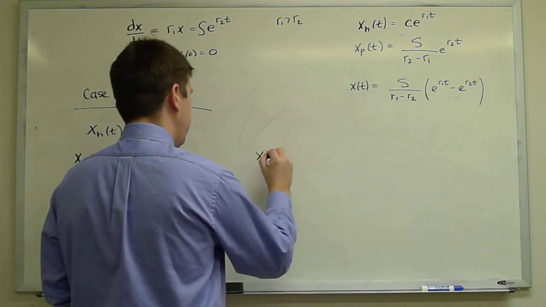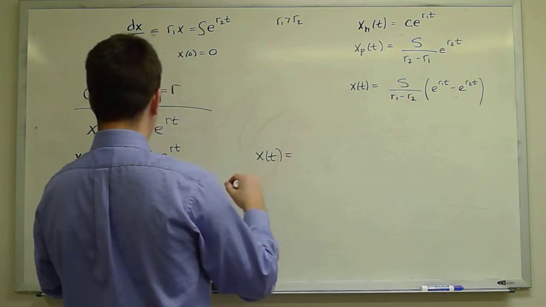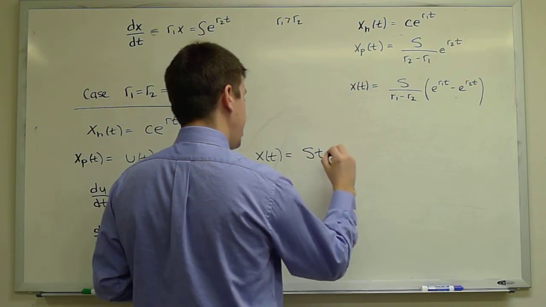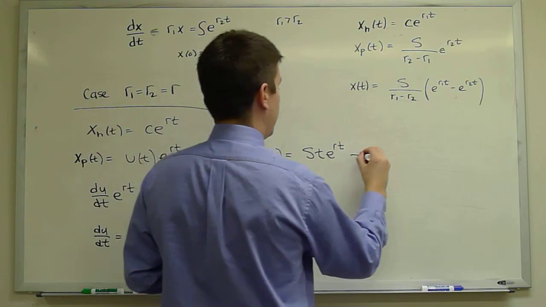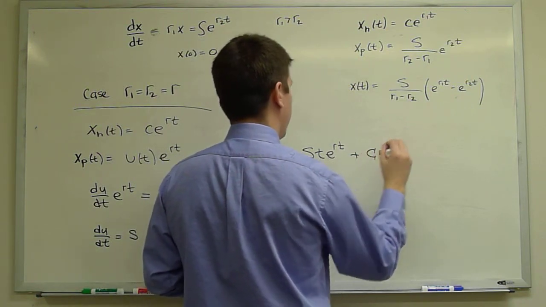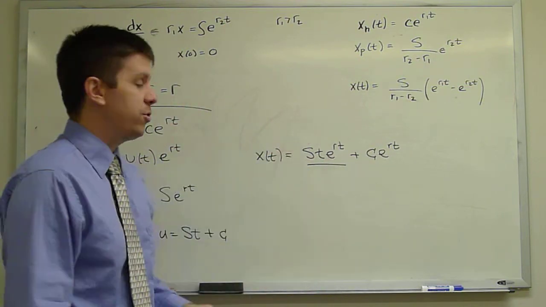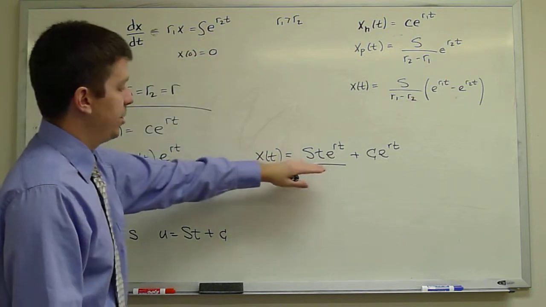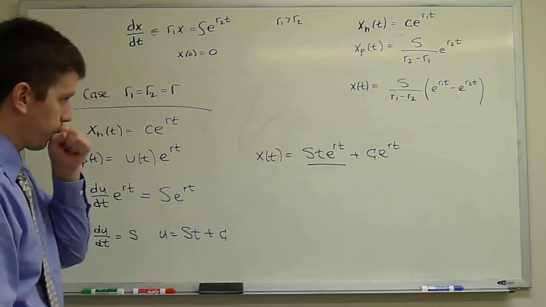That means that x of t is st e to the RT plus an unknown constant times e to the RT. So our particular solution now has t times e to the RT. When we have resonant forcing, the particular solution ends up being a power of t times the homogeneous solution.